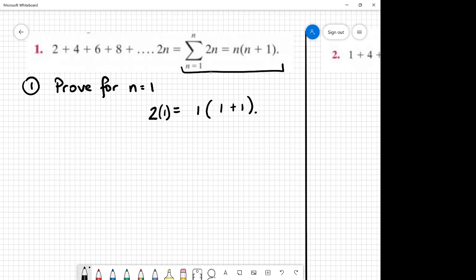So we're taking the right hand side here and replacing our n's with 1s. 2 by 1 is 2. 1 plus 1 is 2. 2 is equal to 2, yes. And that means it's true for n equals 1.